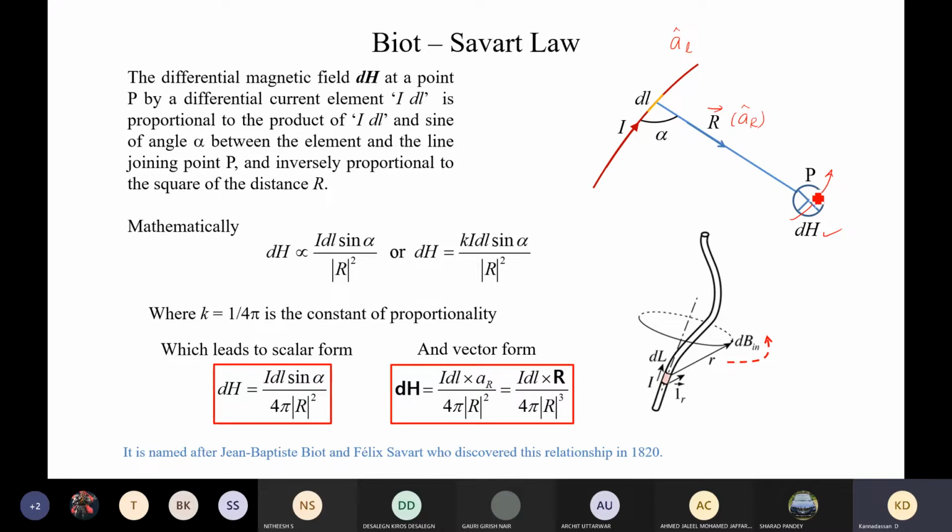If it is a line vector, the field will go around, so it will be perpendicular both to the line vector carrying the current and to the line joining the point P and the line vector, that is a_r. So the magnetic field vector will be perpendicular to both of these vectors, the dL vector and the a_r vector, and the only way to combine these two vectors is with the cross product. So this is how it is formulated.